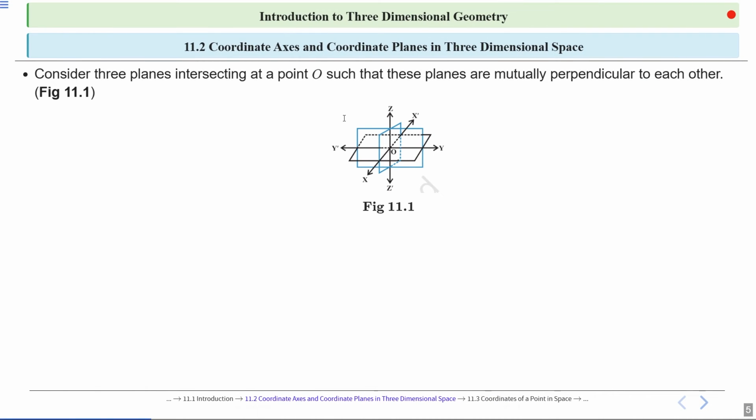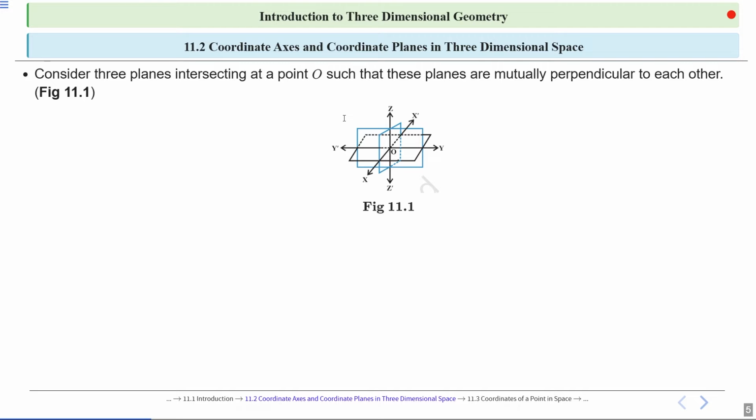Now let's start by looking at this diagram. Here we see three different planes all meeting at a single point, which is labeled O. These planes are arranged so that each one is at a right angle to the other two. This setup is the foundation of understanding three-dimensional geometry.